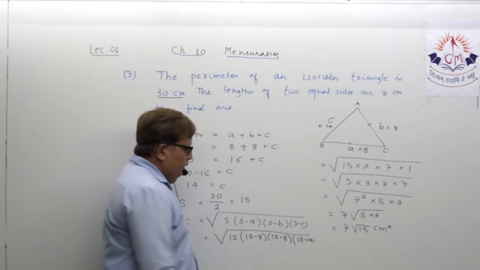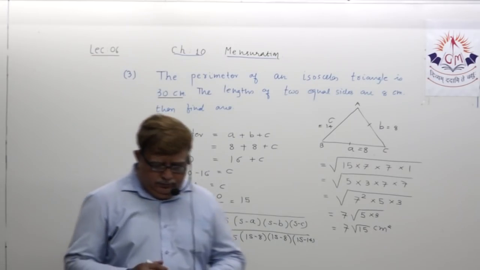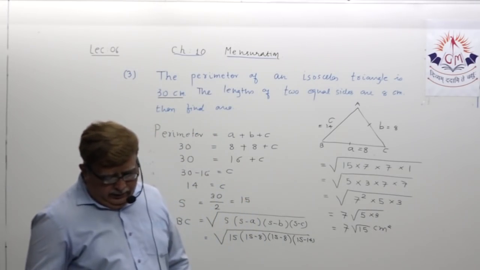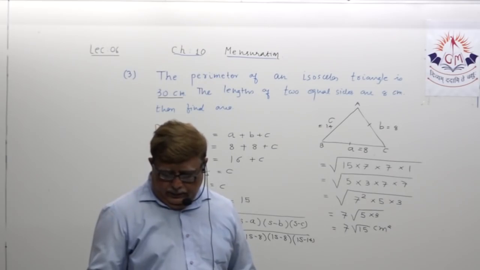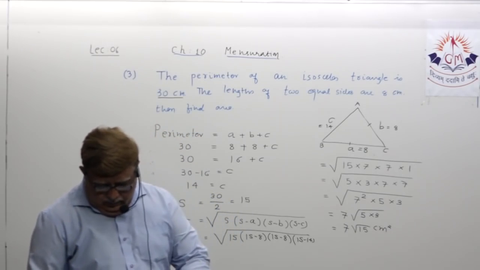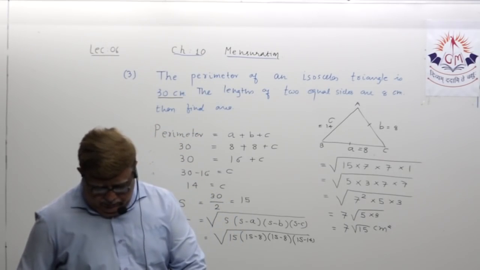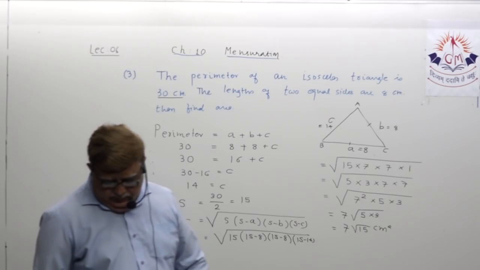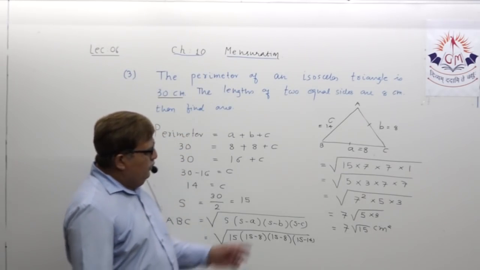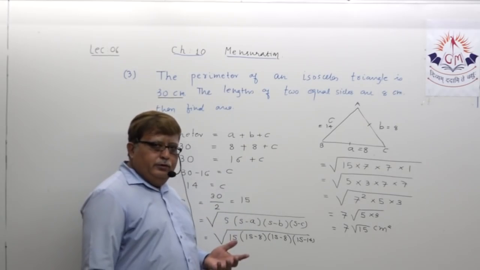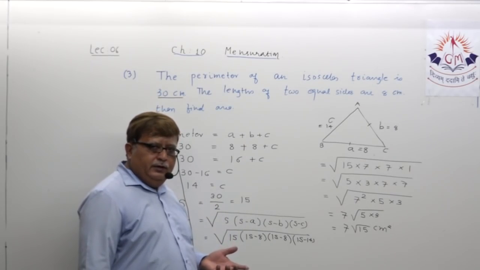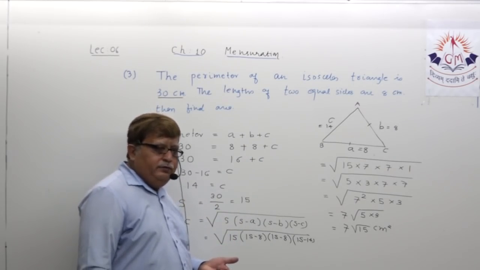You got it? Just look at the sum, okay, and try to understand it. Here, which type of example is this? Understand, here it was given that the triangle is an isosceles triangle.